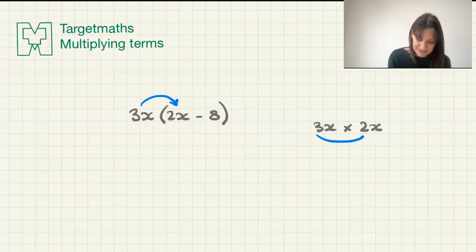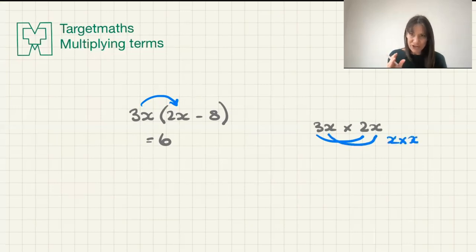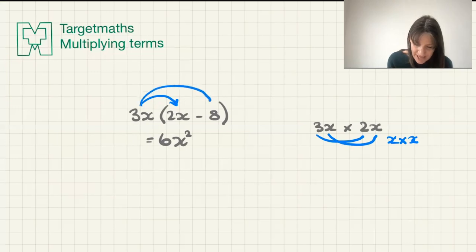3 times 2 is 6. And then the letters are x and x times x. So I've really got to spot that I've got x squared happening there so that I get that power 2 into my answer. I've then got the 3x to multiply to the negative 8. So I've got 3x times minus 8.